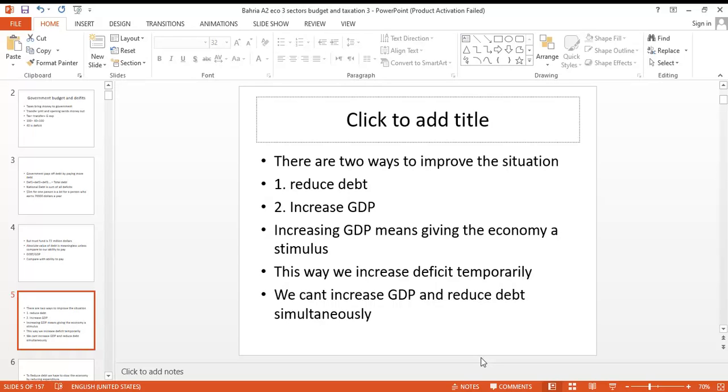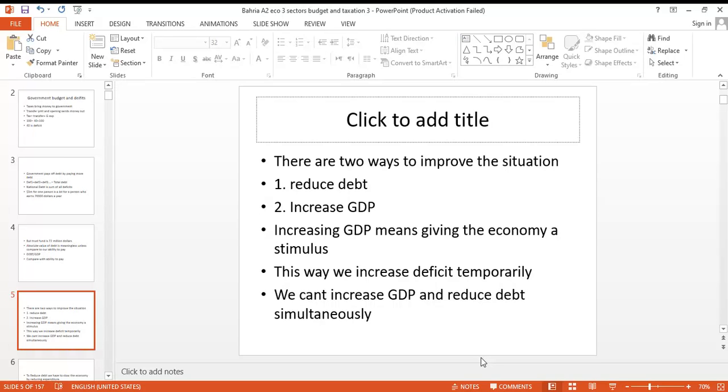Over a period of time, the economy will start producing more goods and services, GDP will rise, and then the government can recover higher revenues from the people who are producing more because of the progressive tax system. We will look at that in detail.